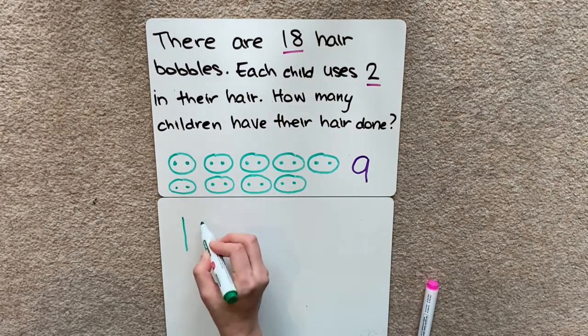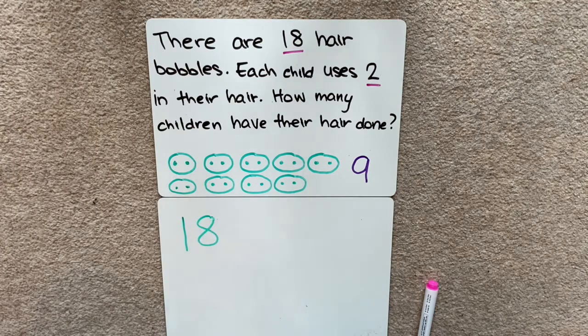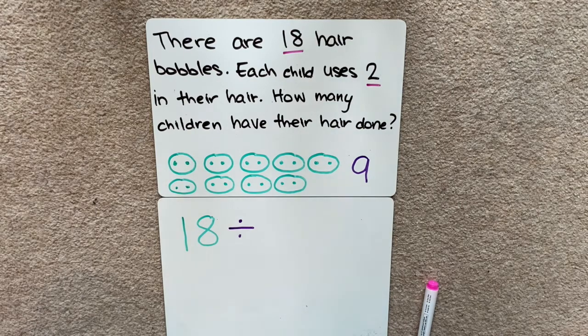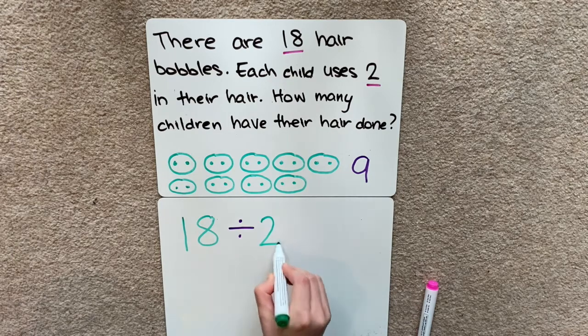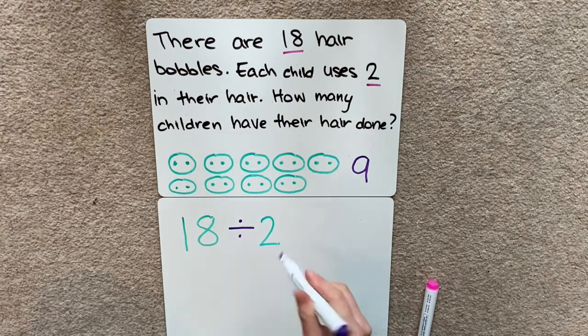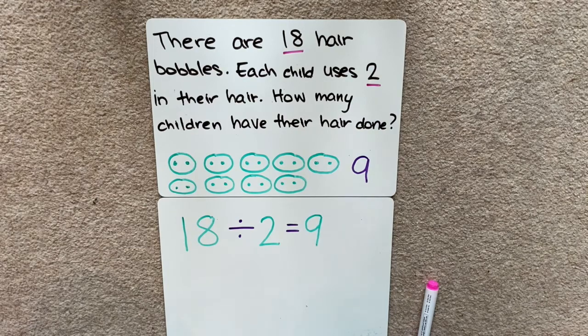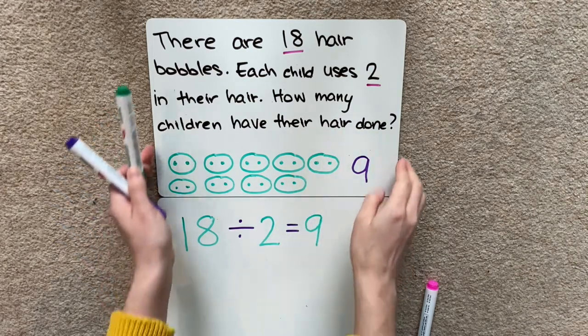Your all together number is 18, and it's in groups of 2. And how many children have their hair done up? We found out it is 9. So this is the number sentence for this question.